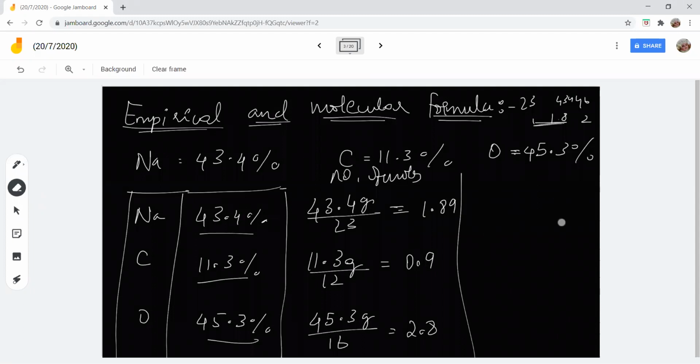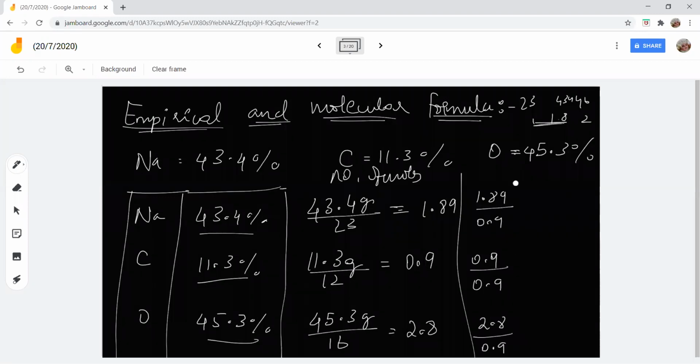Now, if these are the number of moles present, for the empirical formula we already know that it is the simplest ratio between the number of moles. So how can you find the simplest ratio? You have 1.89 divided by 0.9, 0.9 divided by 0.9, and 2.8 divided by 0.9.